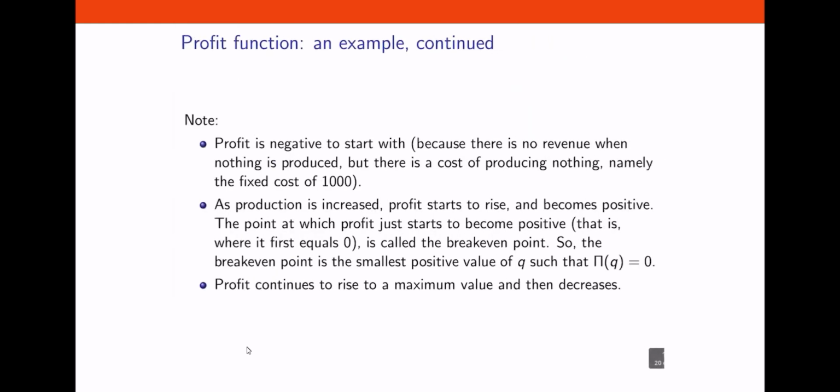A few more qualitative observations I want to make about this example. The profit is negative to start with. Does that make sense? Of course it does, because the firm incurs costs even if it produces nothing. These are by definition the fixed costs. And yet if it's producing nothing, it's not making any revenue.